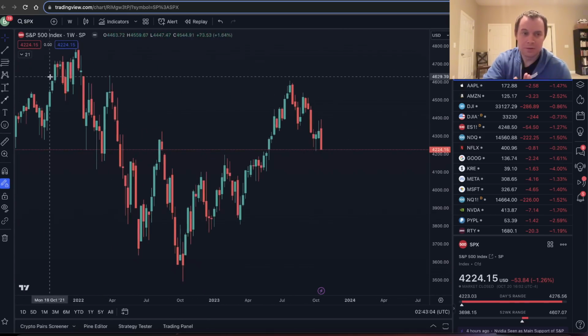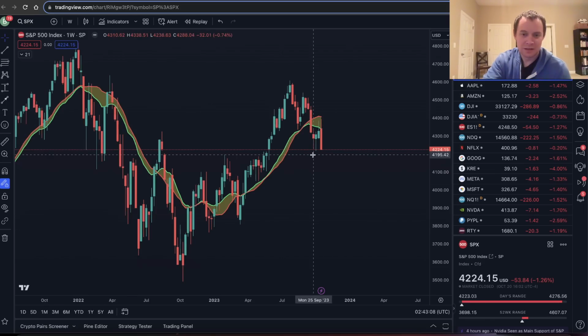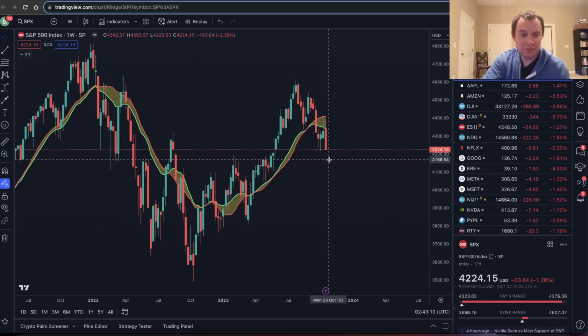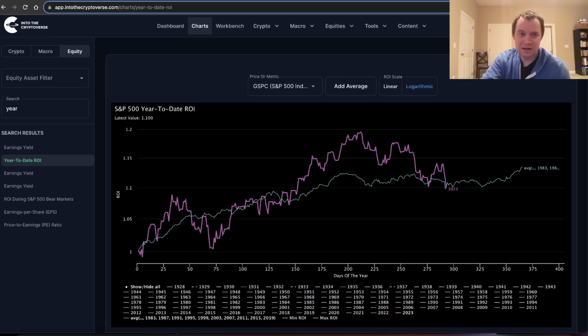I'm sure you know: the bull market support band. That's where it got rejected, and that could become an issue. If this turns into resistance and the stock market continues to put in lower highs and lower lows, then the bond market could start to care.